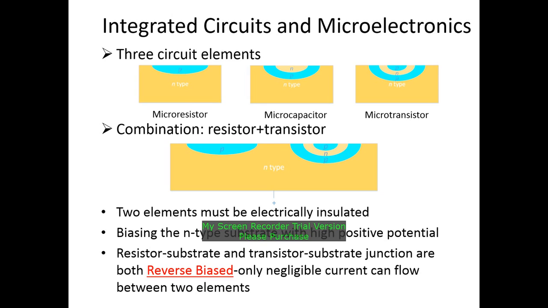So only a very small current can flow between these two elements, and this small current is negligible. Based on this idea, we can fabricate the whole circuit except the power on the same substrate without circuit short.